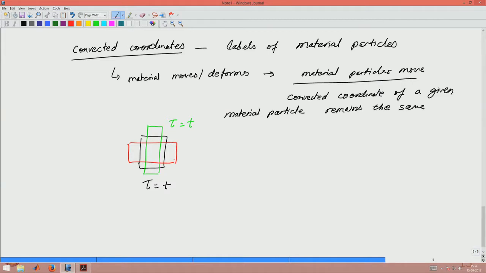So, basically what we have is material is flowing inwards in the y direction or the x2 direction, and the material is flowing outward in the other direction. So, this is an example of uniaxial extension that we have already seen.